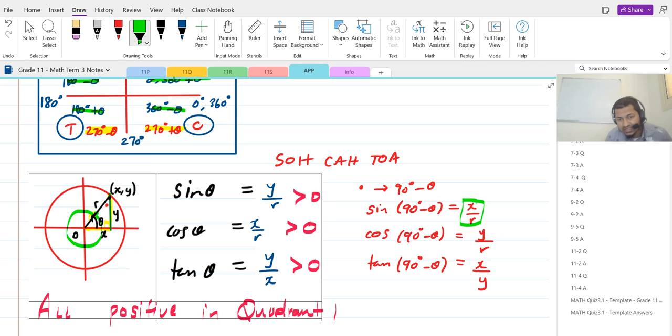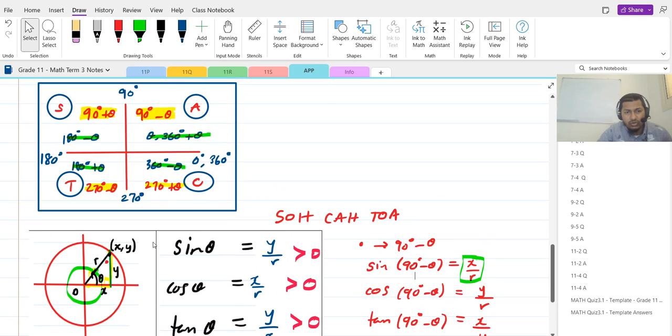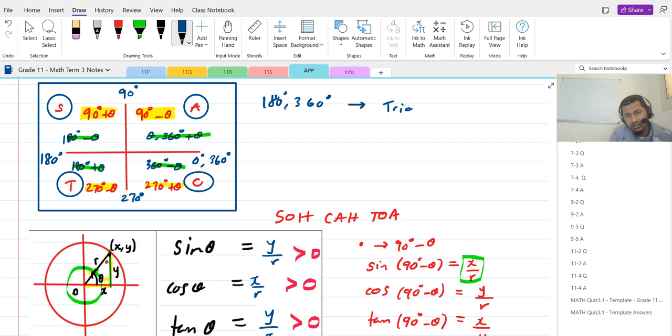So sine of 90 degrees minus theta will take a co-ratio. That's what we mean by co-ratio. I usually call it a vertical reduction. When you're reducing using 90 and 270, it's always taking a co-ratio. So remember, using 180 degrees and 360 degrees, the trig ratio remains the same, right?